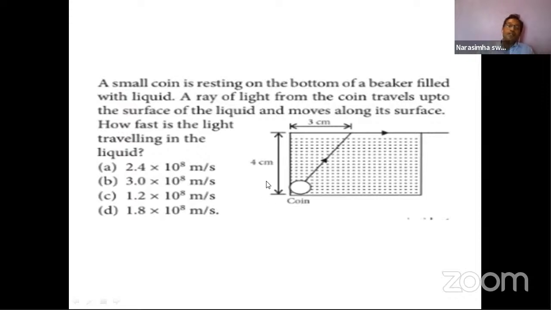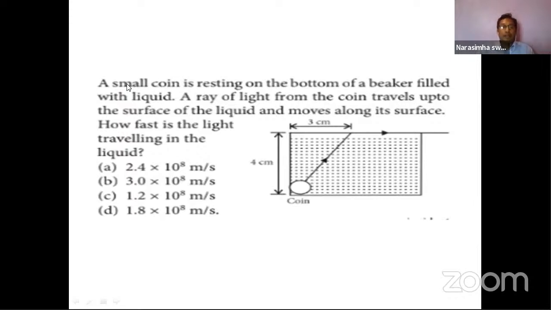So dimensions are given like this. The depth of this beaker is given 4 centimeters, and the shift, from the original to this point, is 3 centimeters. So this information is given.